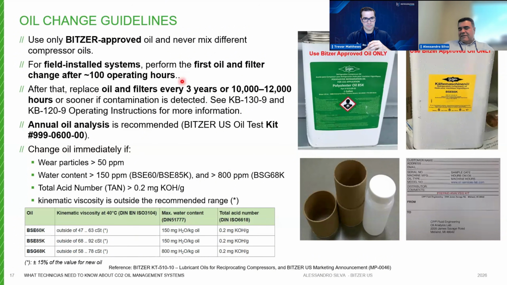No question, just change everything, filters and oil from the compressors, oil from the oil separator, oil from the oil receiver. After that, replace oil and filters every 3 years or between 10,000 to 12,000 hours of operation, or sooner if contamination is detected.